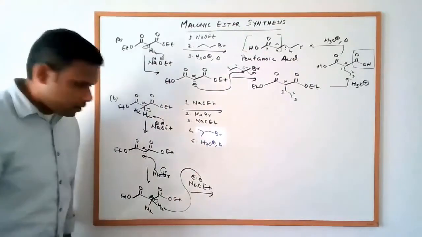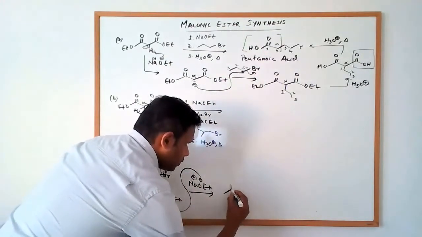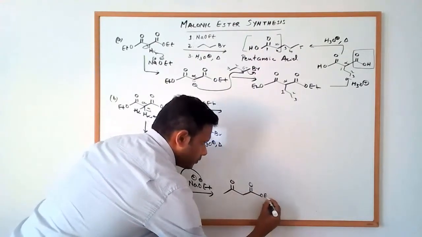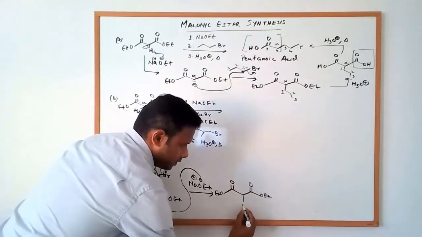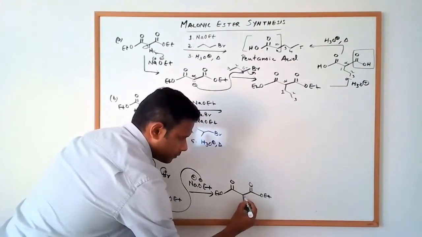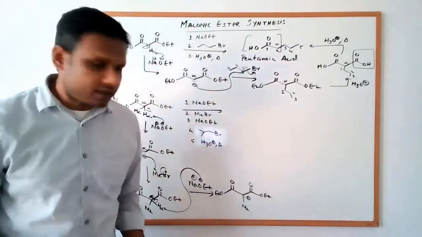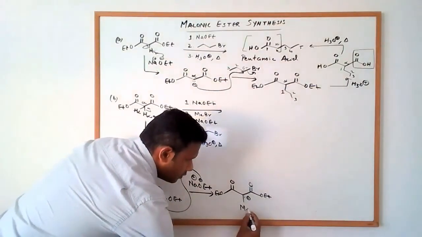Electrons go to that carbon, the alpha carbon, and so we get a new enolate here. So we'll have the methyl group and we have the enolate over there. So we have a different enolate this time. Okay, this is a methyl group here.